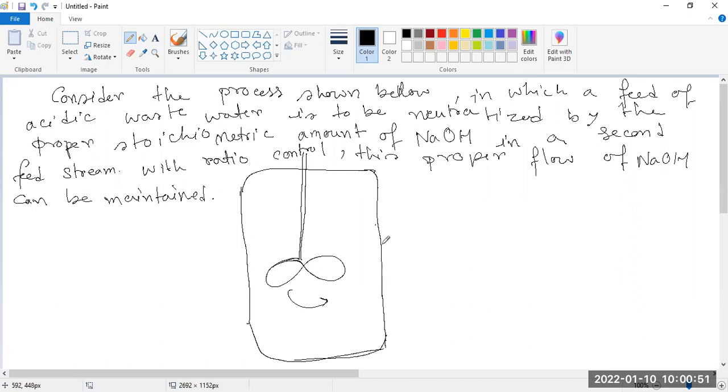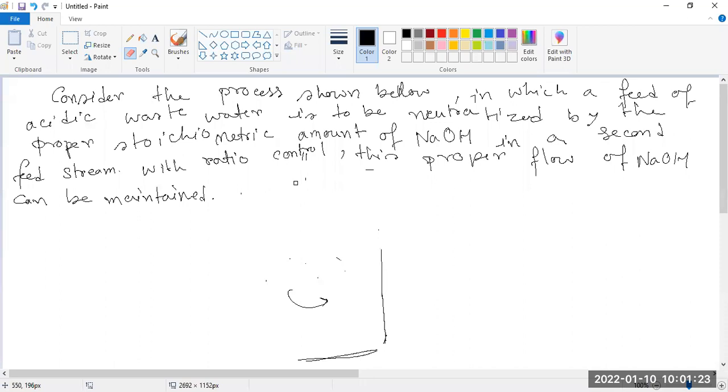Okay, so this is an effluent treatment plant. Here I am drawing this. Here some acidic waste water is coming from this plant and we have to neutralize this. So we have to design a process control where the perfect ratio is controlled. Look, we are talking about an automatic control system. Just write down this.